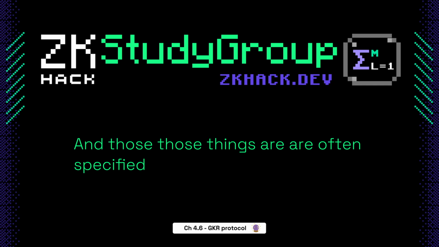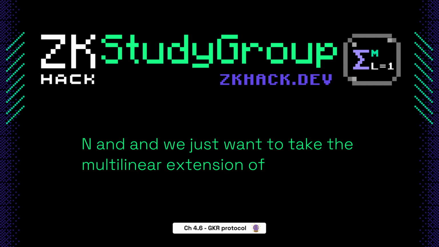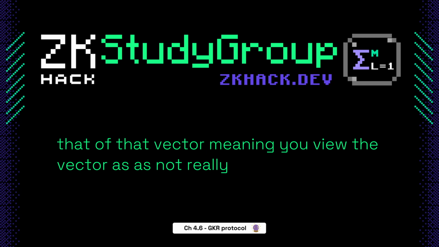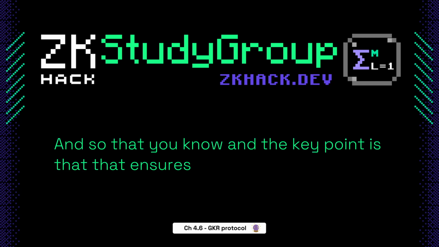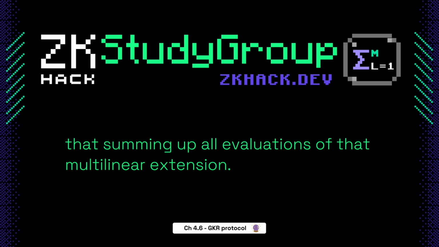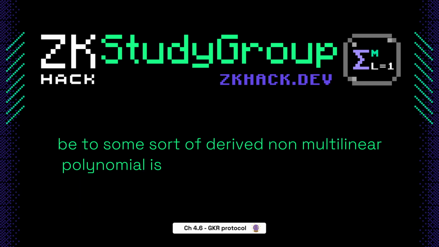Those things are often specified to the verifier as just a vector of length n, and we want to take the multilinear extension of that vector, meaning you view the vector not really as a vector of length n, but rather as a function on log n bits. And the key point is that this ensures that summing up all evaluations of that multilinear extension is equivalent to summing up the evaluations of the vector, although again, when we finally apply sum check, it'll really be to some derived non-multilinear polynomial.